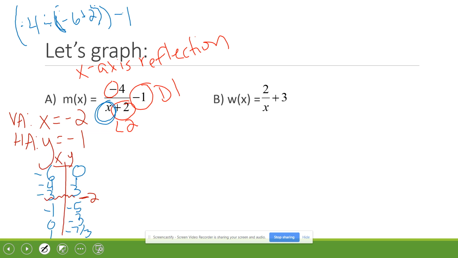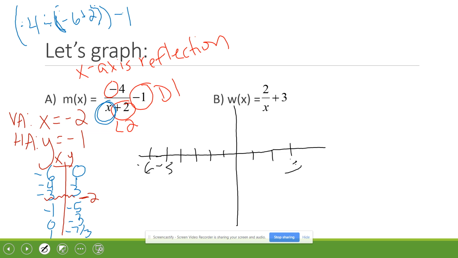So I'm going to have my graph. Three, 4, and negative 6.